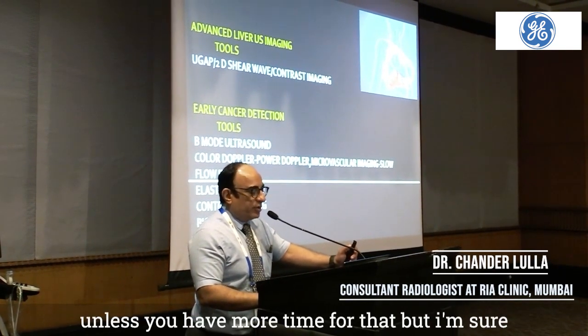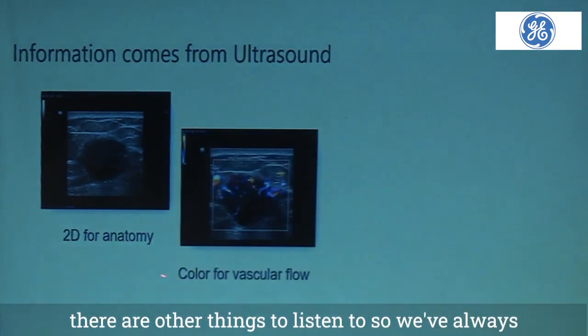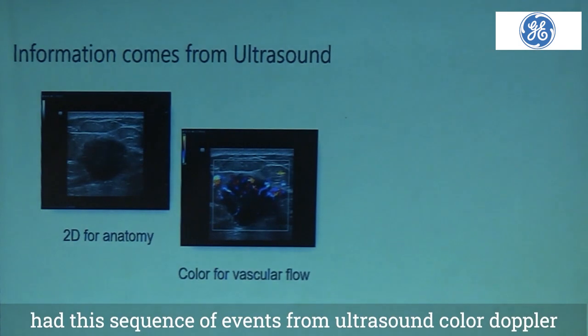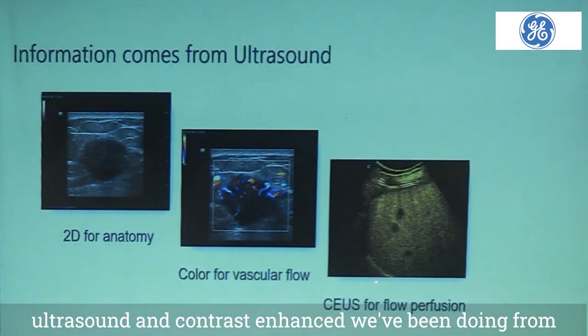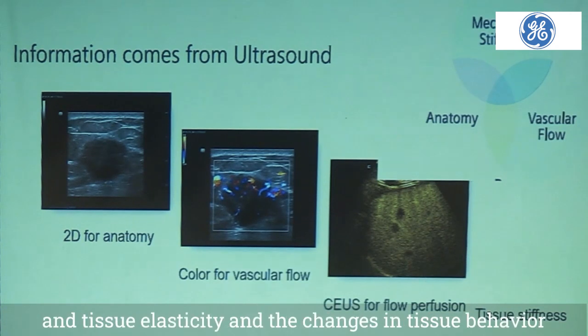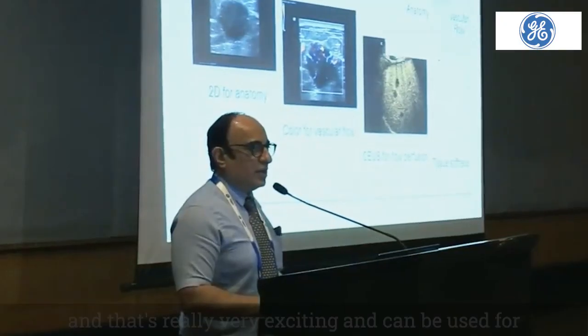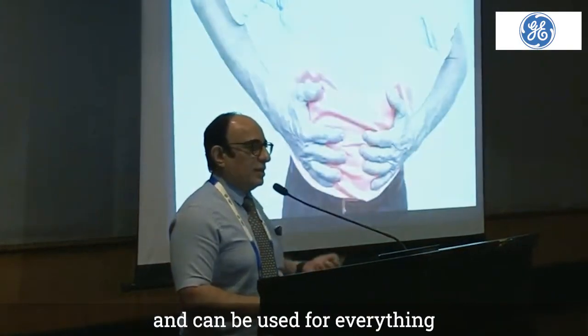So we've always had this sequence of ultrasound, color Doppler, and contrast enhanced ultrasound, which we've been doing for the last 10 years. What we were missing was tissue stiffness and tissue elasticity, and the changes in tissue behavior. So that's been added with ultrasound, and that's really very exciting and can be used for everything.